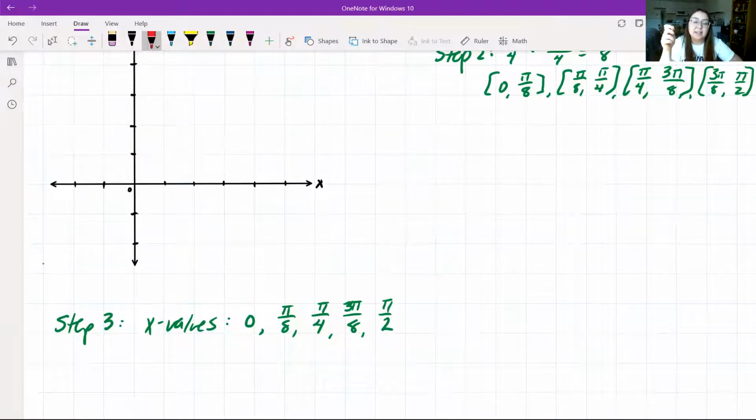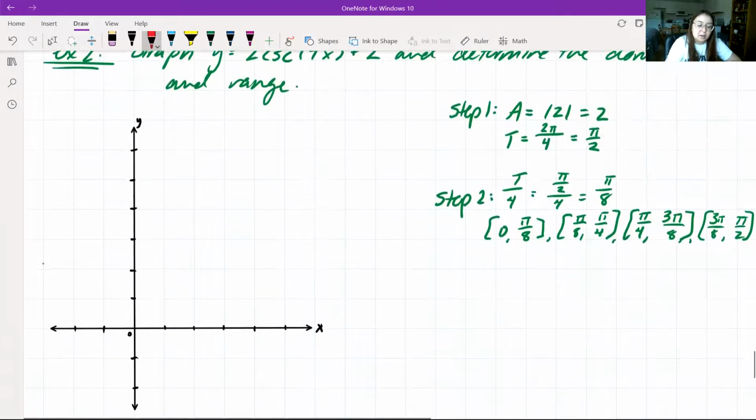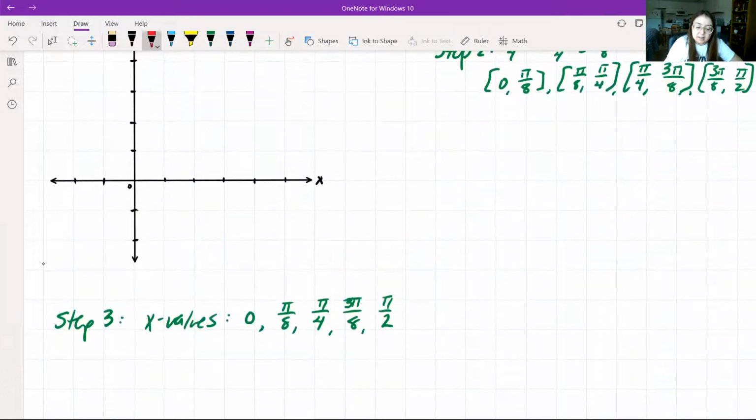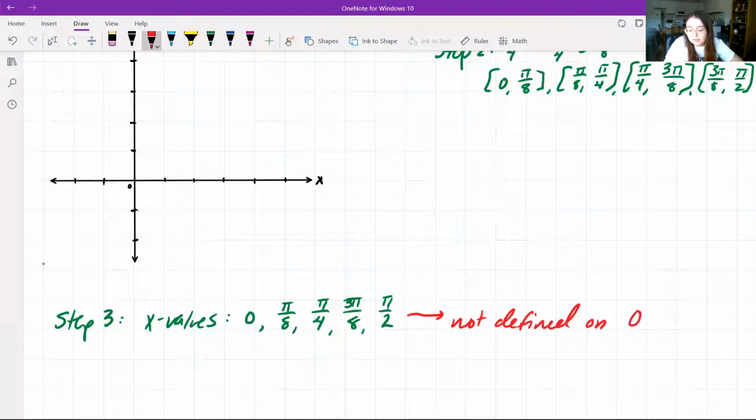But just like in our last example, we see that cosecant is not going to be defined at 0, pi over 4, and pi over 2. So we see there's 3 values where this is going to be undefined.